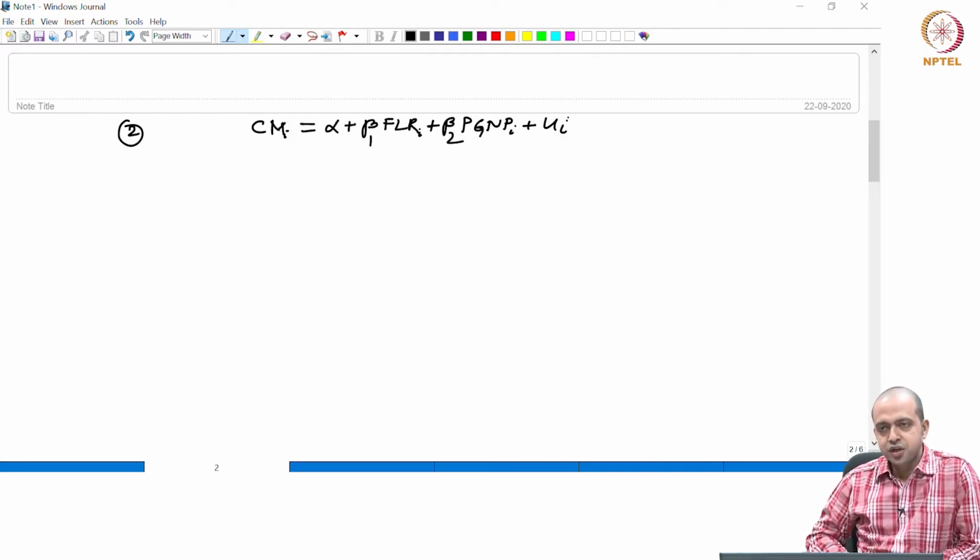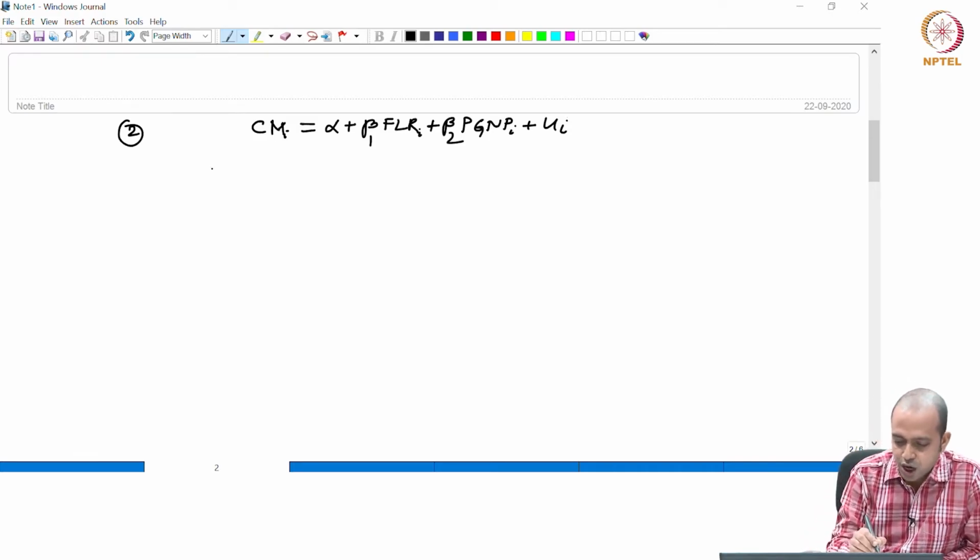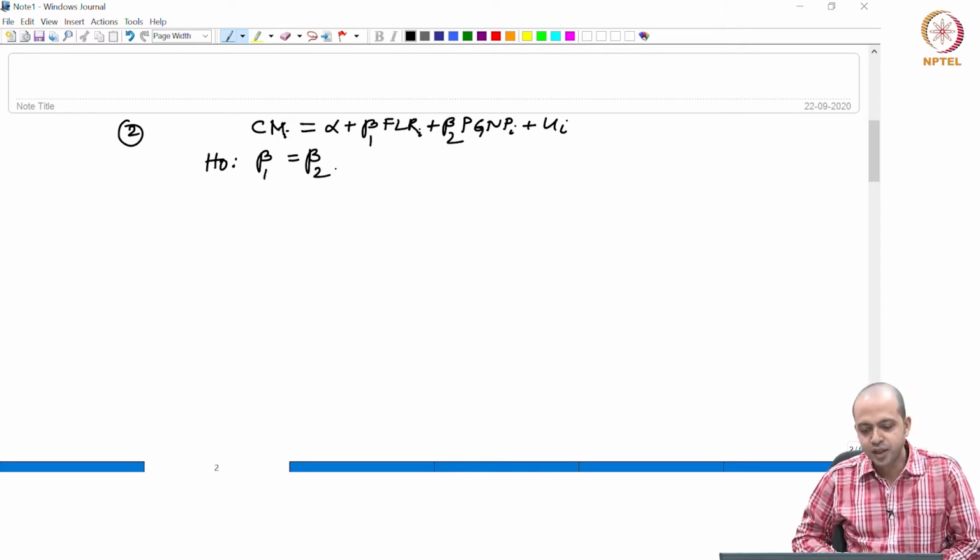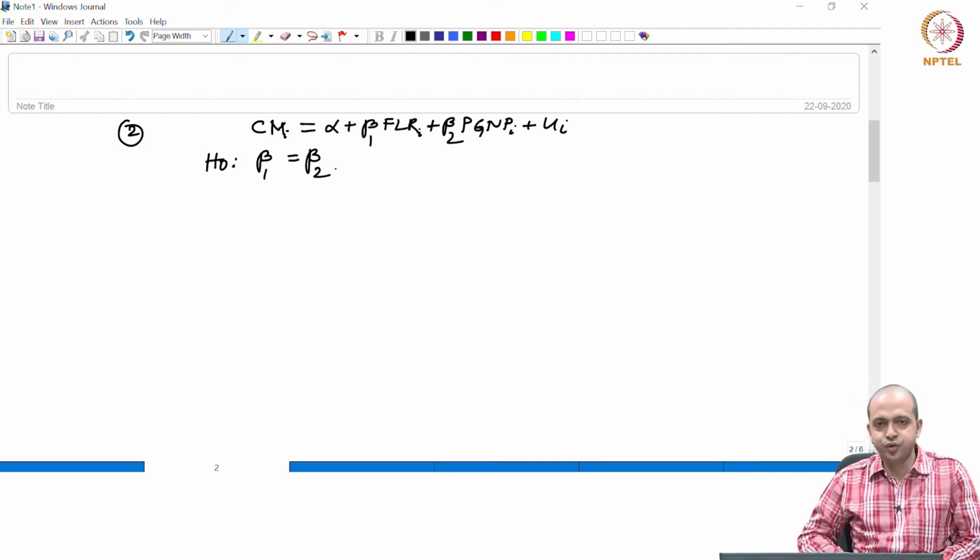The second hypothesis is the equality between two regression coefficients. So, our null hypothesis here is beta 1 equals beta 2. That is the null hypothesis that we are going to test. And how did we test it? How did we construct the test statistic?